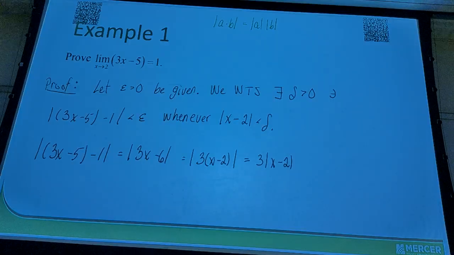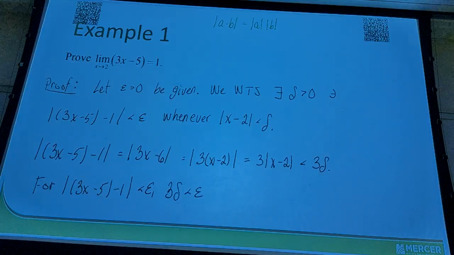But absolute value of x minus 2 is less than delta. So that whole thing is less than 3 delta. Transitivity.